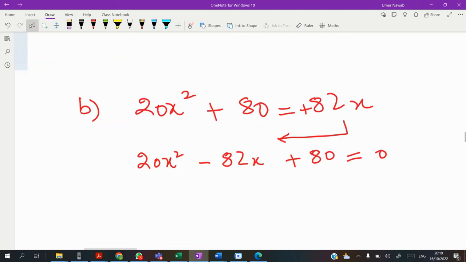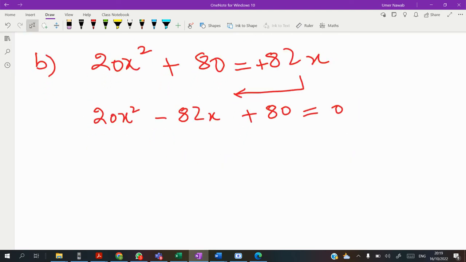Still this equation is not in a good form. Why? Because I can see every coefficient, or the number which is seen here, can be further simplified if we divide these numbers by 2.